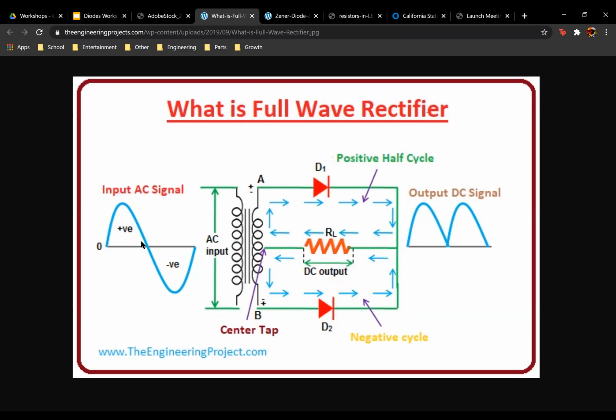Now when the negative portion of our AC signal goes through, it's going to be fed into diode D2, which has our negative cycle from here. This is our negative cycle, this is our positive half cycle.